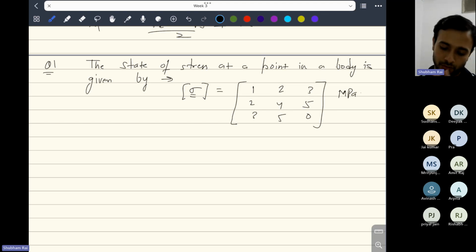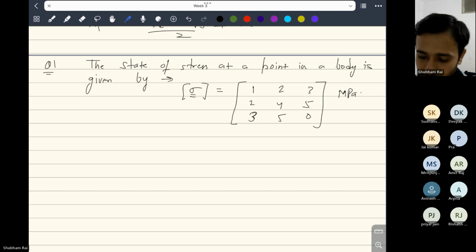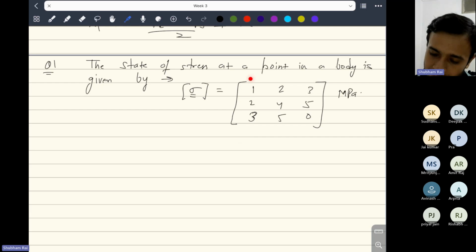Okay. So whatever the coordinate system will be, let's say it's the E1, E2, E3 coordinate system. This 1, 2, 3 represents the components of the traction vector on a plane having plane normal E1.